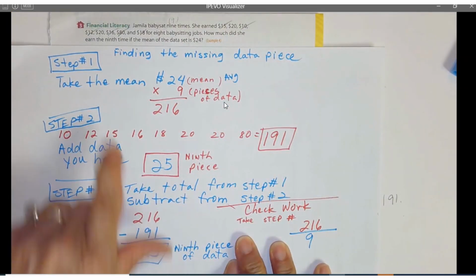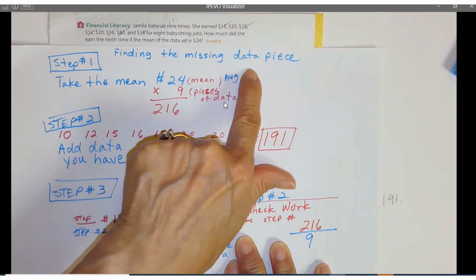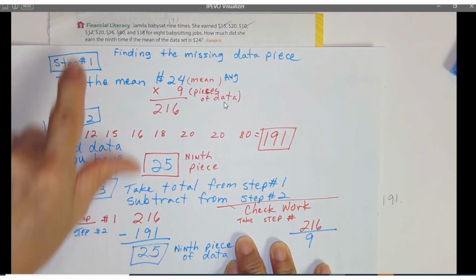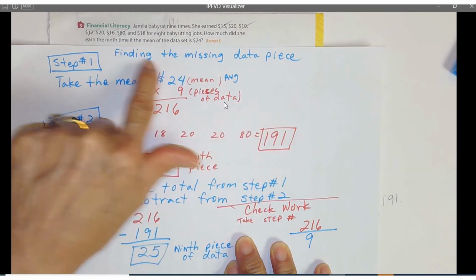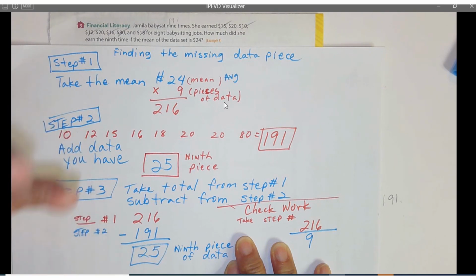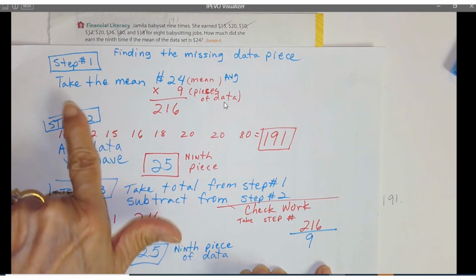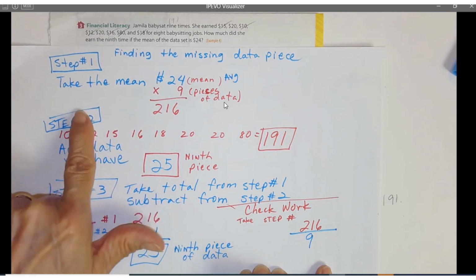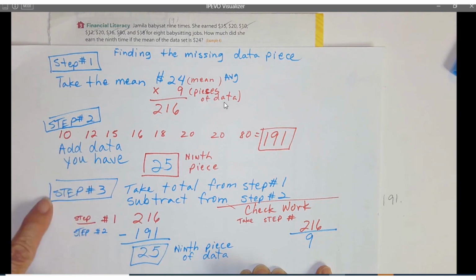Okay? So this one is finding the missing data piece. Remember that. This isn't easy like the other ones where you just add up everything by the number of data. In this case, you are looking for a piece of missing data. Okay? Just remember the steps. Remember to look at everything and remember the steps. Excellent.